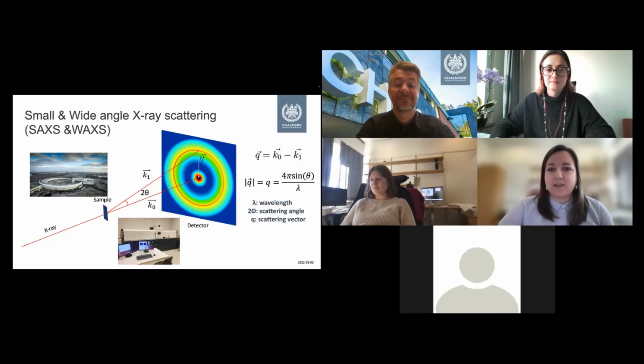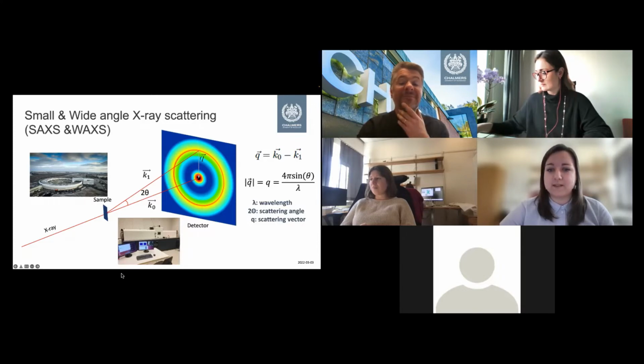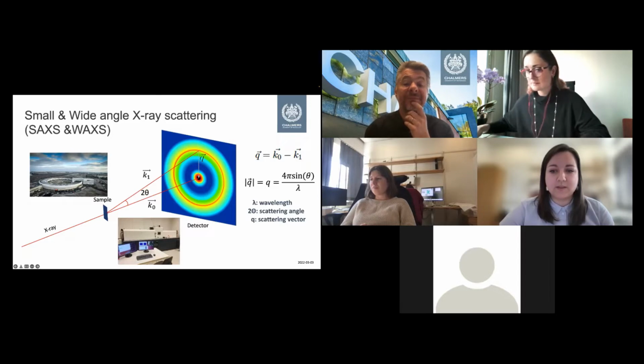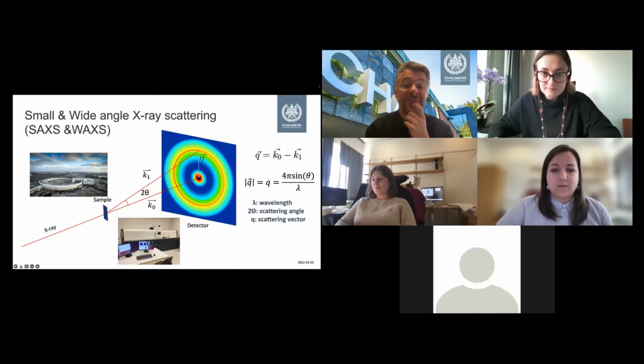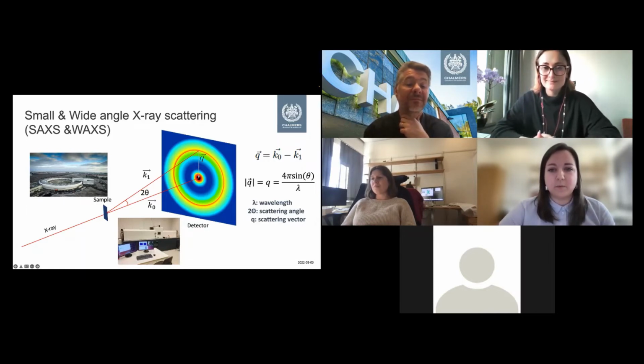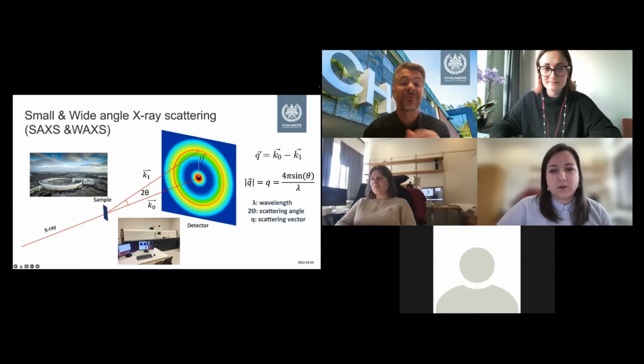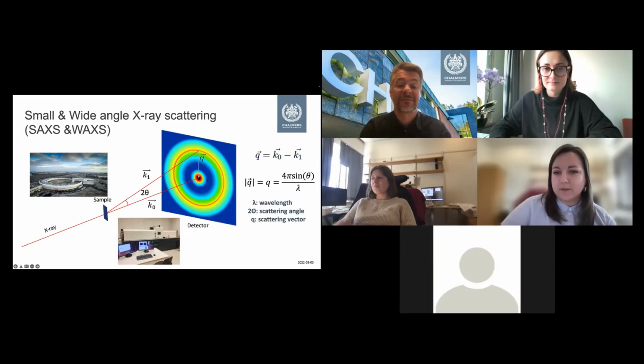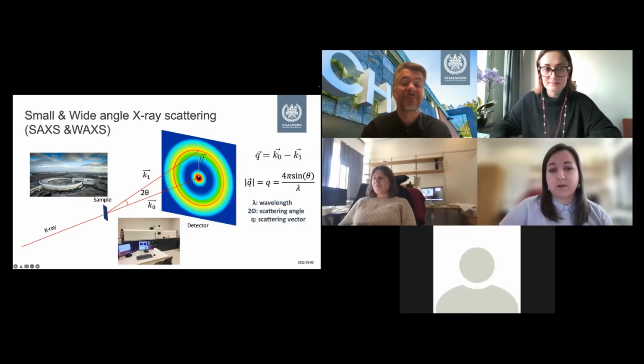And basically, we get data on the intensity of the scattering as a function of either scattering angle, which is 2 theta, or a scattering vector, or q. And eventually, you get this 2D scattering pattern at the detector, from which you can either directly get some information, or you can transform it into a 1D scattering curve.